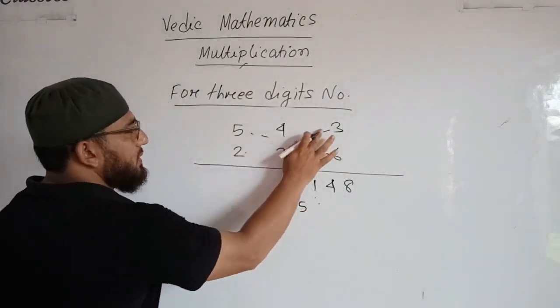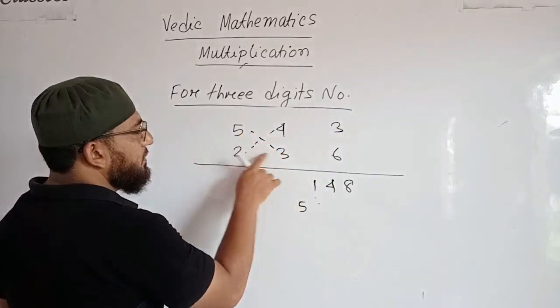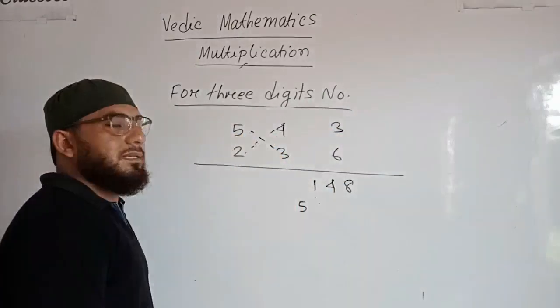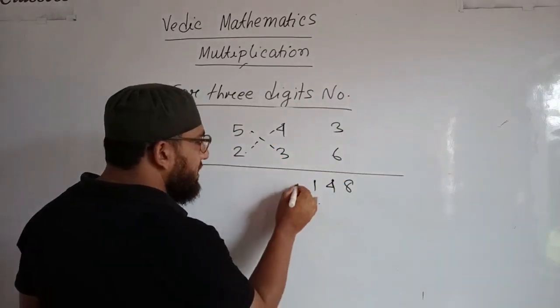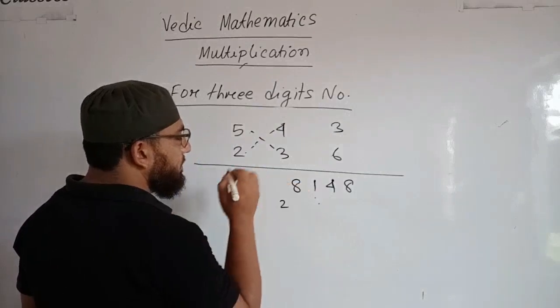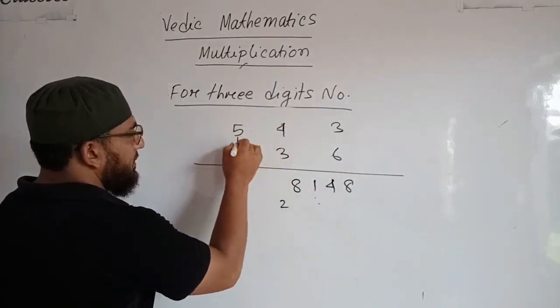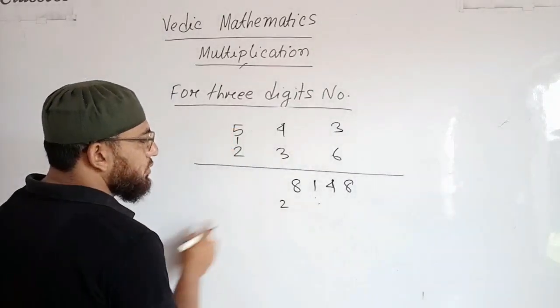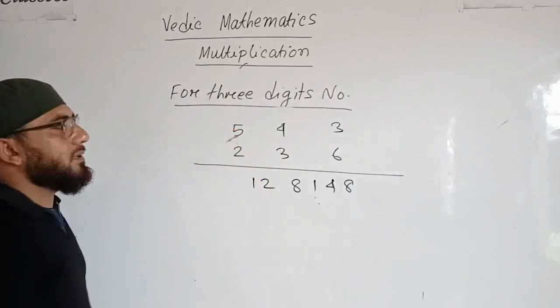Now again crosswise. 15 plus 8 is 23. 23 plus 5 is 28. Carry 2. Then crosswise, then vertical. 5 2s are 10, carry 2, 10 plus 2, 12, which is the required answer.